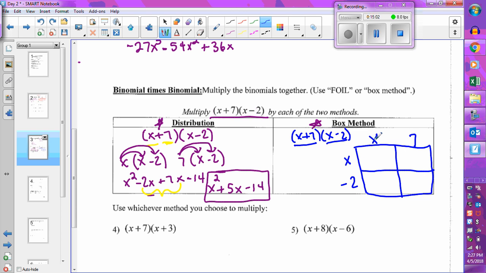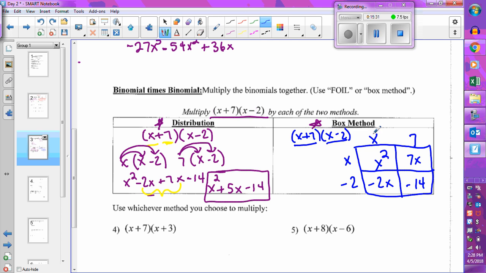So you're going to multiply x times x, which is going to give you what? X squared. Then you're going to multiply x times 7, which is going to give you 7x. Then you're going to multiply x times negative 2, which is going to be a negative 2x. Then you're going to multiply your negative 2 times your 7, which is going to give you a negative 14.